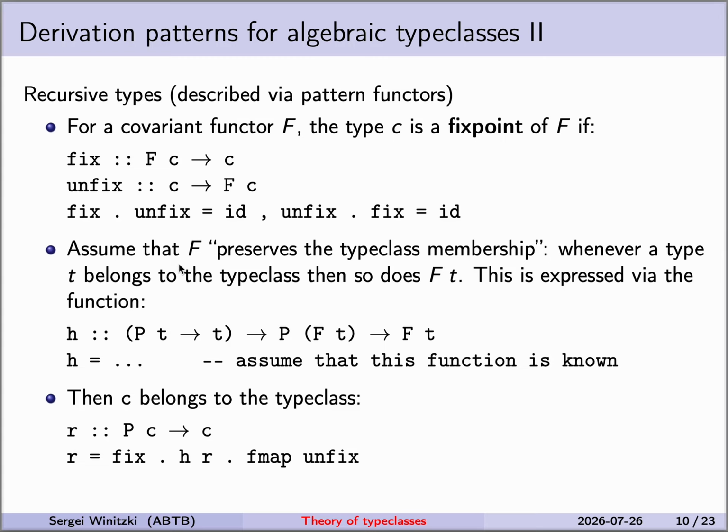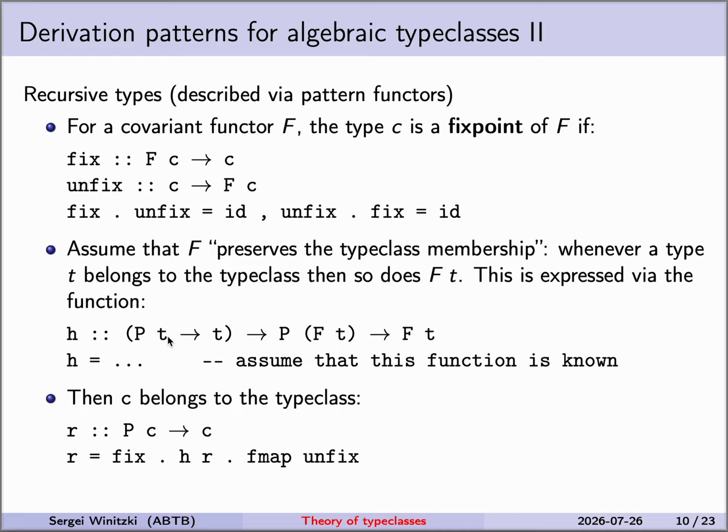So what is that property that we need for f? We need a property that f should preserve the type class membership. In other words, whenever there's a type t that belongs to the type class, then the type ft also belongs to the type class.